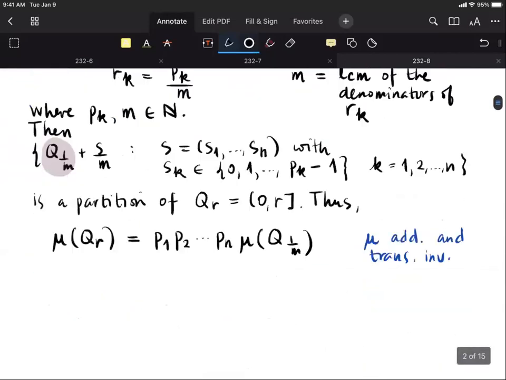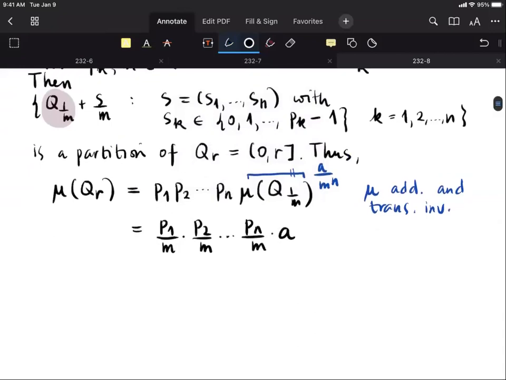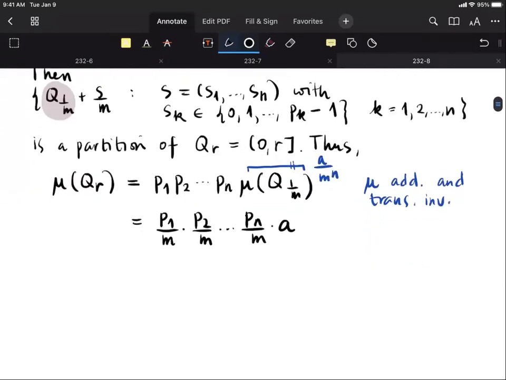Applying this equation here, so again, this is equal to A over m to the n. So splitting m in the denominator n times, times A, you have this. However, p1 over m is r1, p2 over m is r2. This should be r1 times r2 up to rn times A.